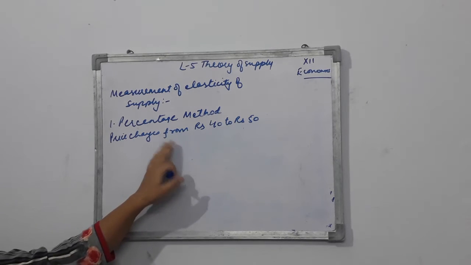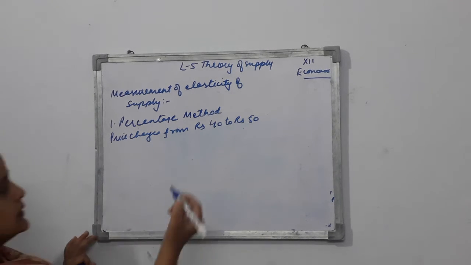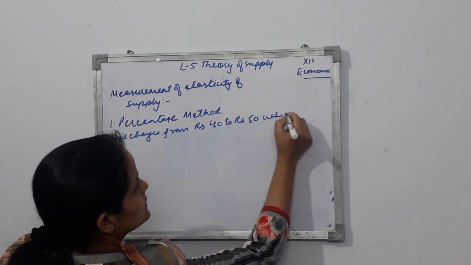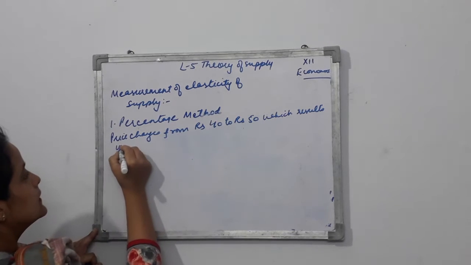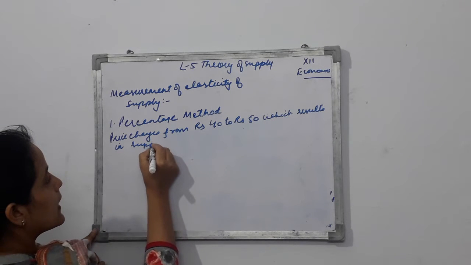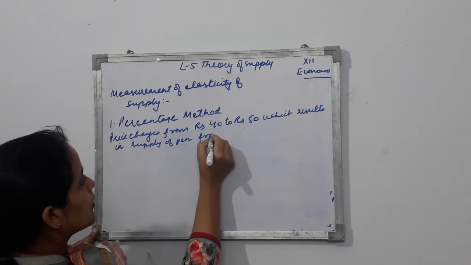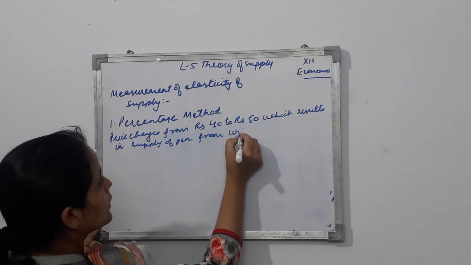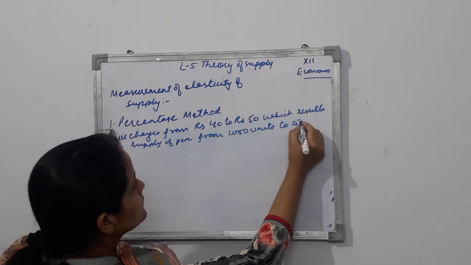The price of a pen, maybe you can take any quantity, is changing from 40 to 50, which results in the supply of pen changing from 1000 units to 1500 units.